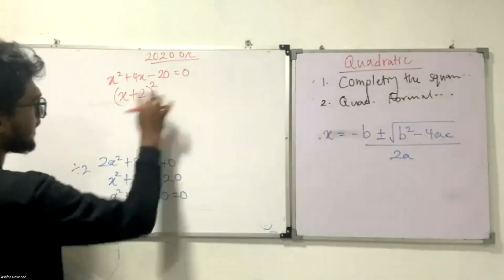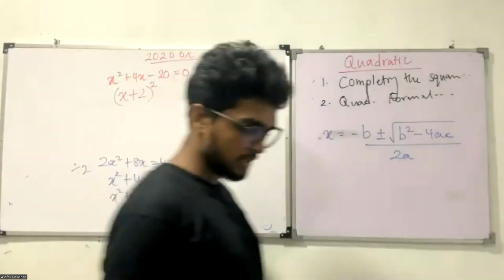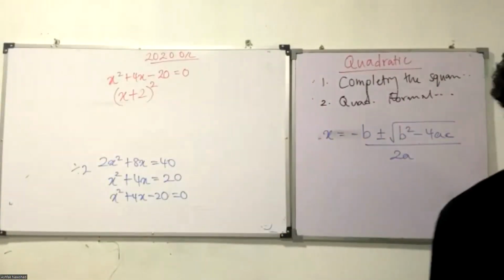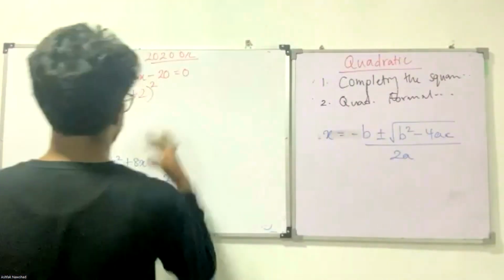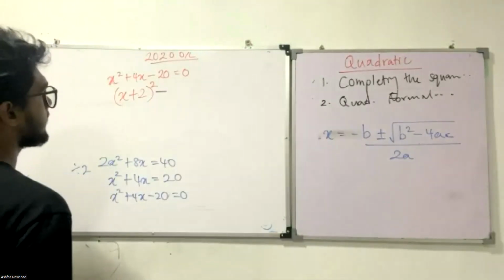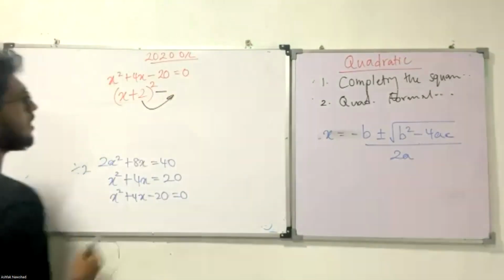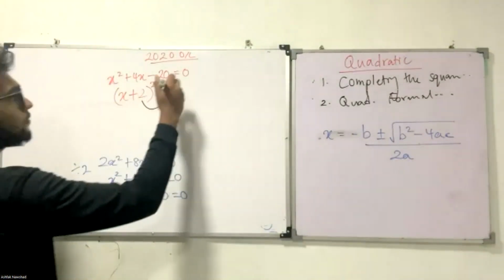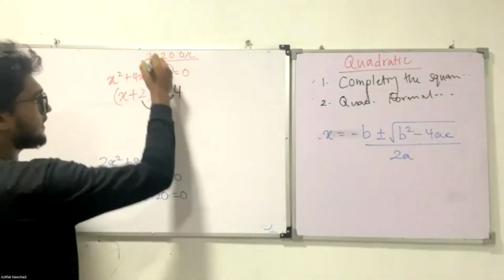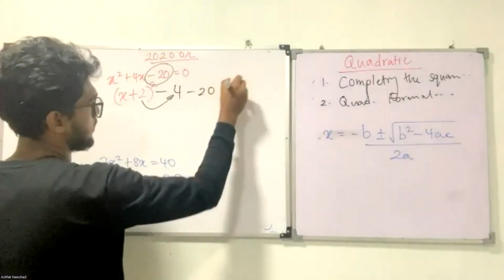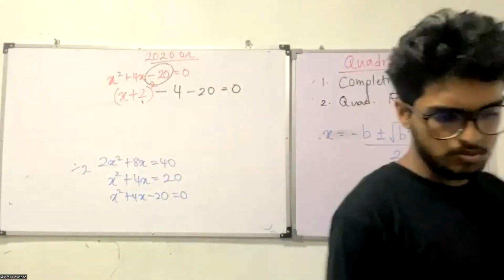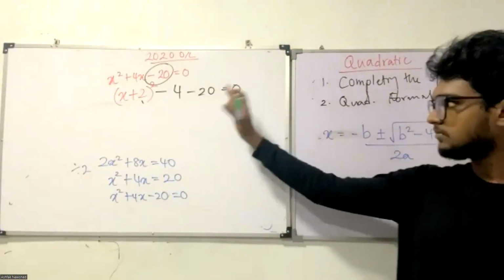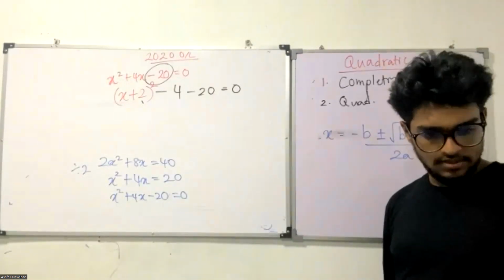What could be the sign here? No matter what the question is, the sign would always be negative. Great. And then the square of this. The square of 2 is 4, and you write the rest: minus 20 equals 0. So this is the step for completing the square.